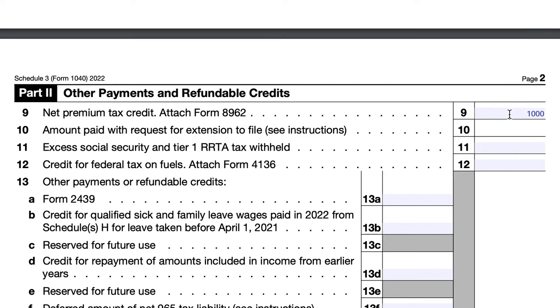So if you paid any amount with your request for an extension, then you would report that here. So this would either be on IRS Form 4868 or for taxpayers that are residents or citizens living overseas, this might be IRS Form 2350.